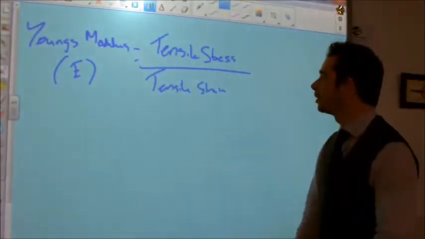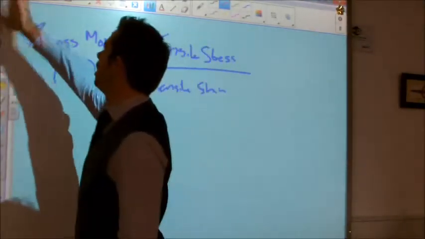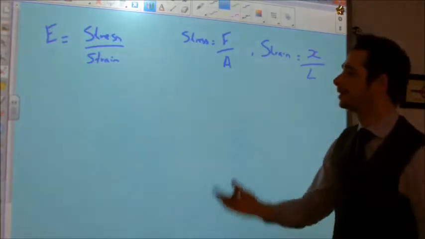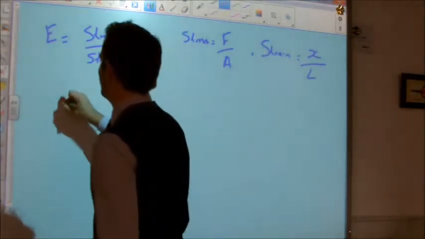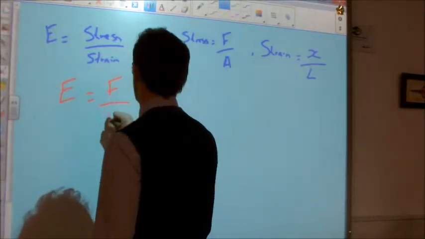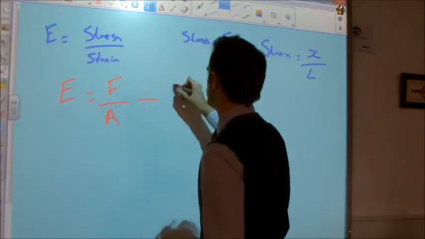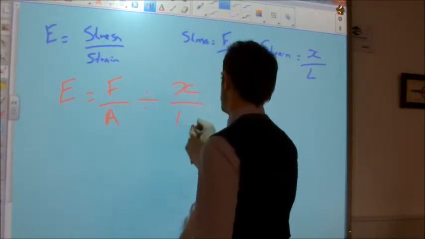Okay, so I've asked you to do a quick substitution for stress and strain to give us Young's modulus. Hopefully what you've said is that Young's modulus E is equal to force divided by area, and then we divide that by the strain, which is given by extension over length.